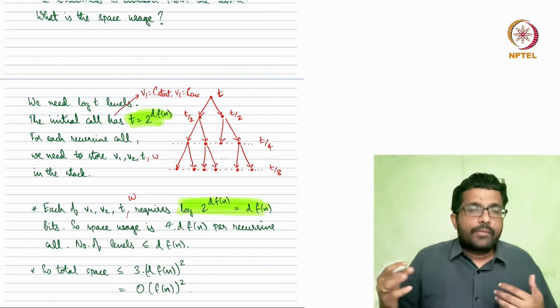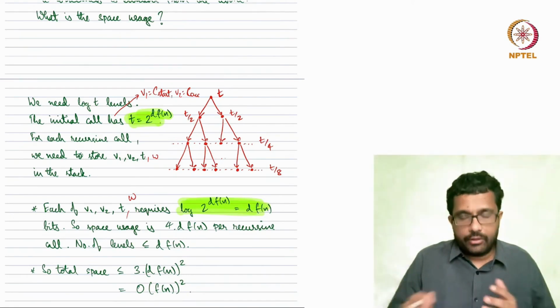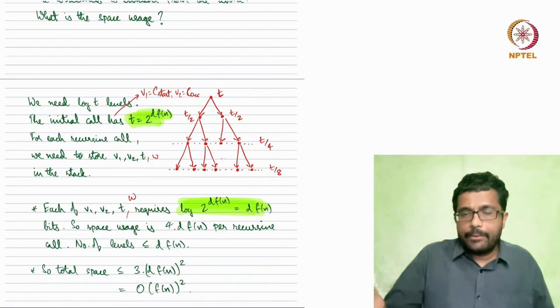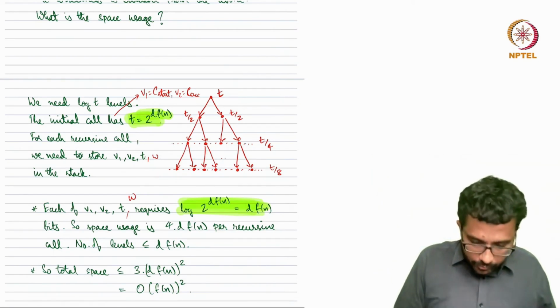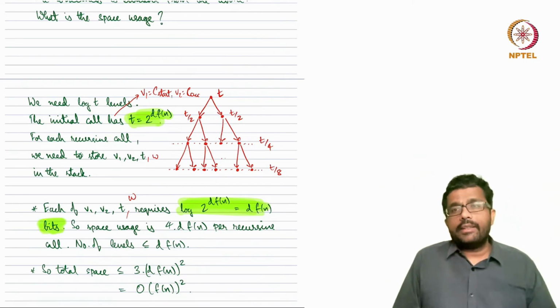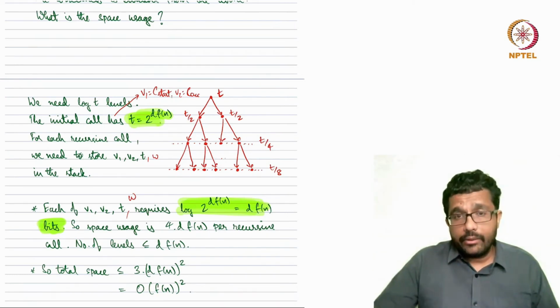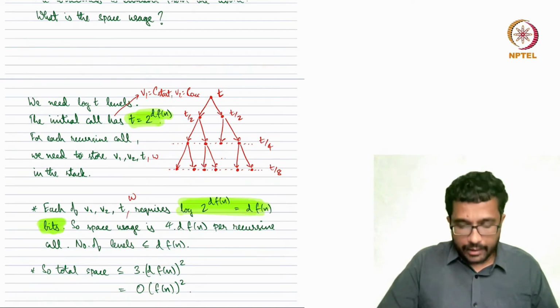If there are, let's say, 64 vertices, we need a 6-bit label to separately name each vertex. Similarly, there are 2 power d fn vertices, so we need d fn bits to separately name each vertex. So each one of v1, v2, w requires d fn bits.